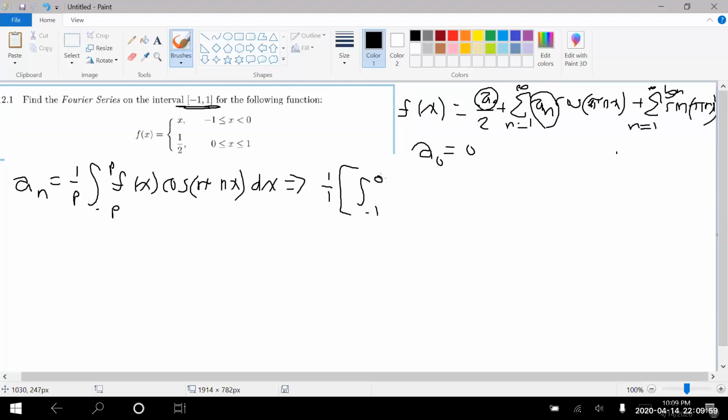Negative 1 to 0, we have our function x times our cosine, and plus the other half of our function, which is just 1/2 cosine n pi x.